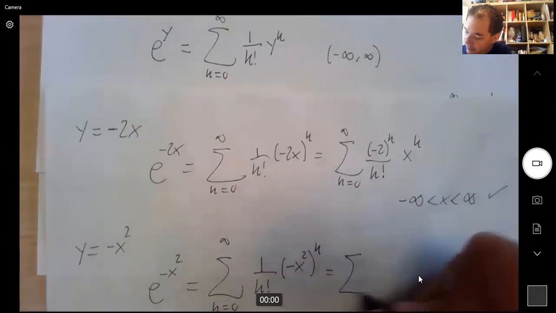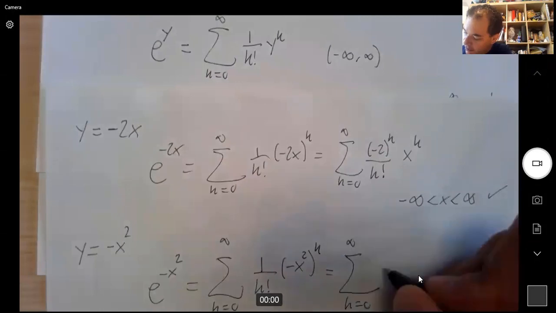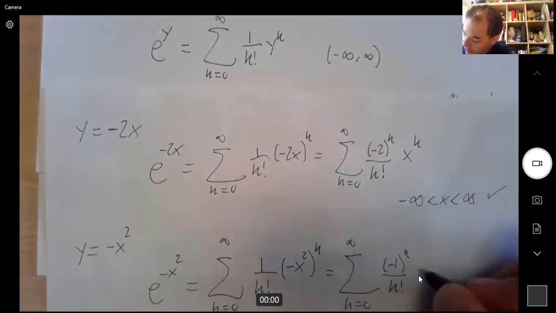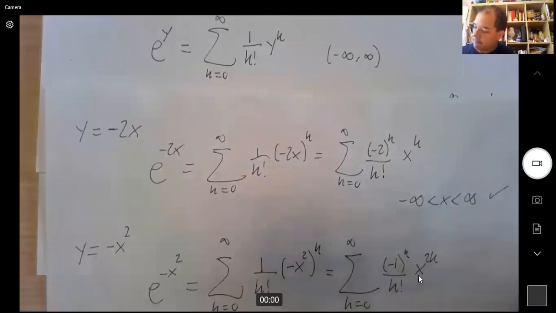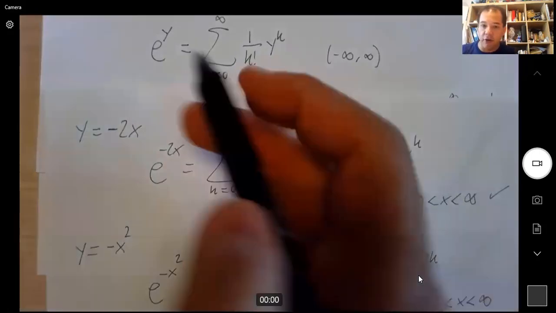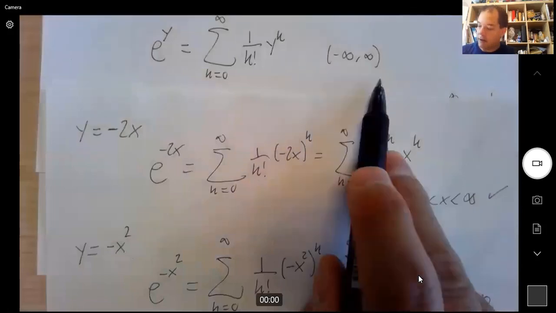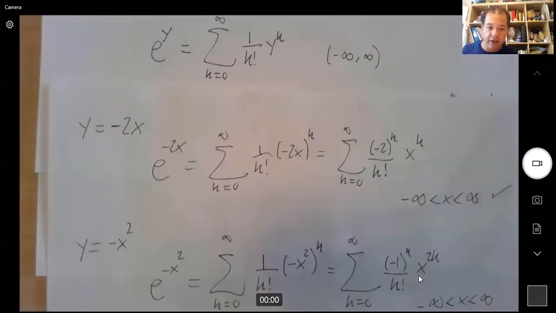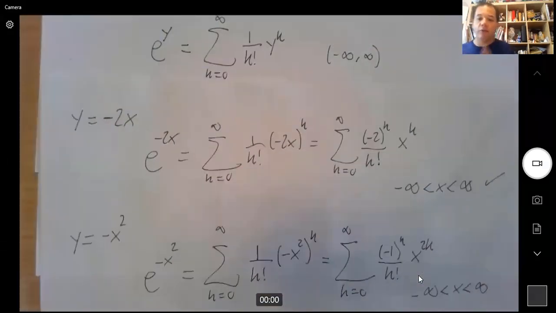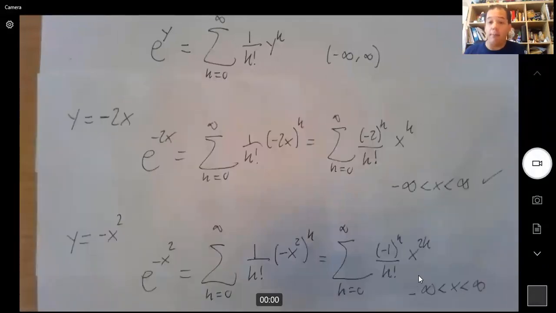And when we simplify it, this will be negative 1 to the k over k factorial x to the 2k. And again, this will work for any x because the original one has no restrictions. It's from negative infinity to infinity. All right? So piece of cake, right? To figure out what the new power series is and also to figure out whether it is convergent or divergent, we didn't have to do any additional work.